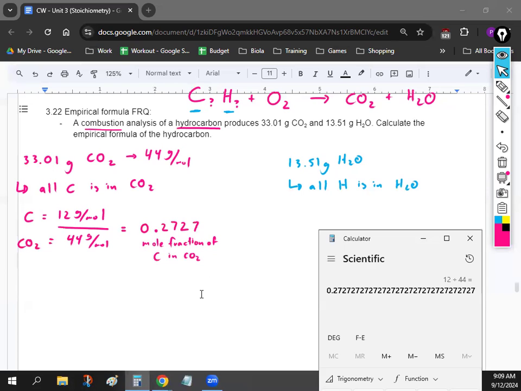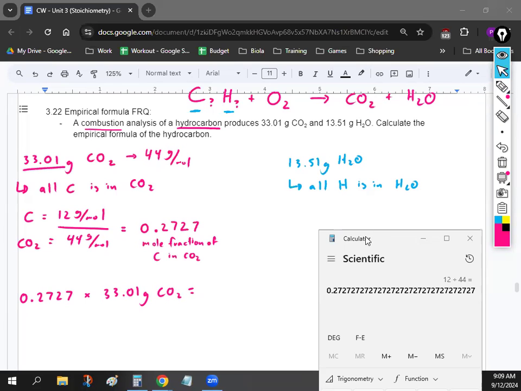Okay, so if we want to find out how much carbon is in CO2, it's very simple. Now that we have the mole fraction, we know that carbon takes up 27%. We just have to multiply that by the mass of CO2. So 33.01 grams of CO2. Okay, so carbon takes up 27% of that mass.